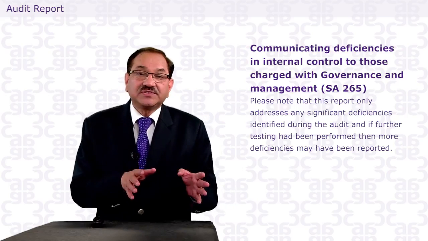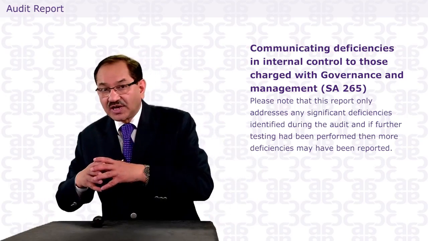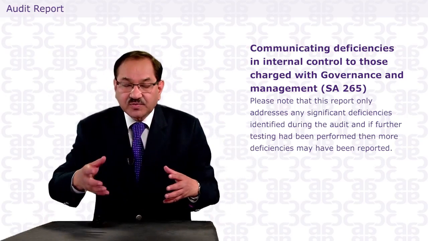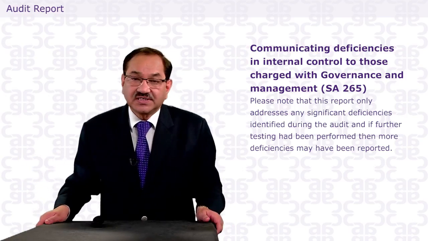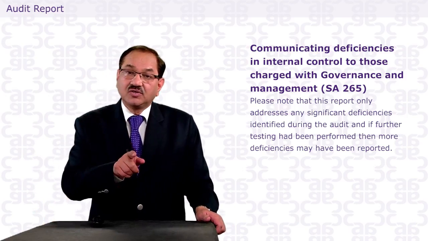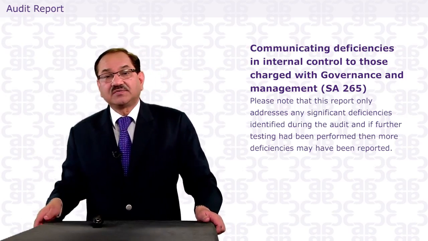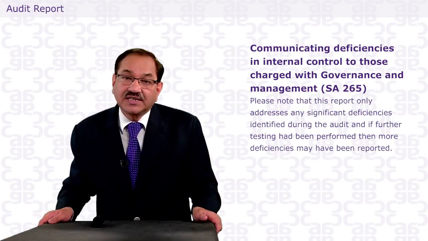These are not the only deficiencies in internal control. These deficiencies came to our knowledge while performing our audit procedures, which were designed for expression of an opinion on the financial statements about their true and fair view, and were never designed to test the effectiveness of the internal control. So that should be clearly written and clearly explained to those persons.